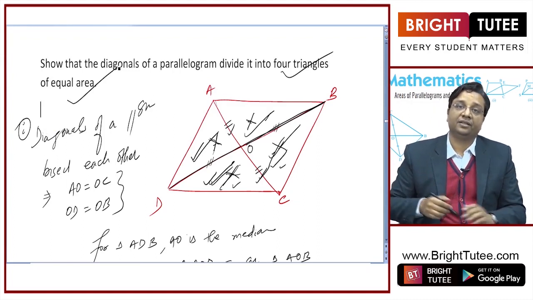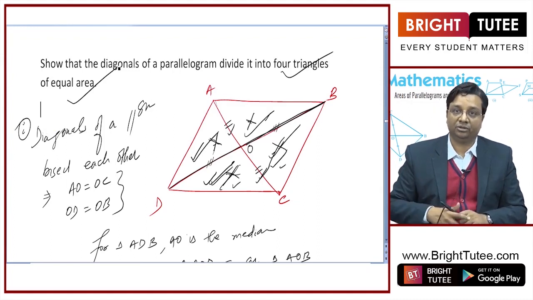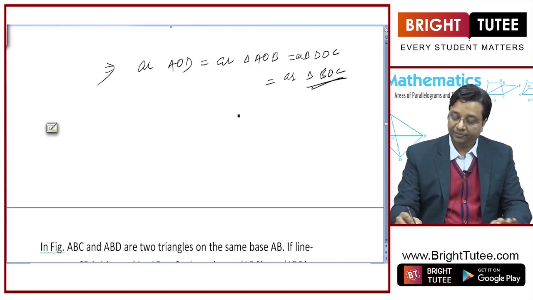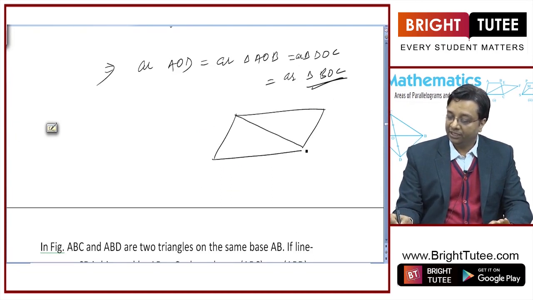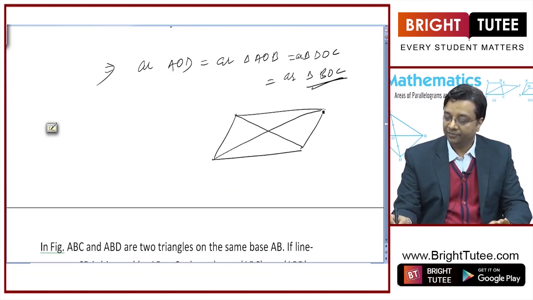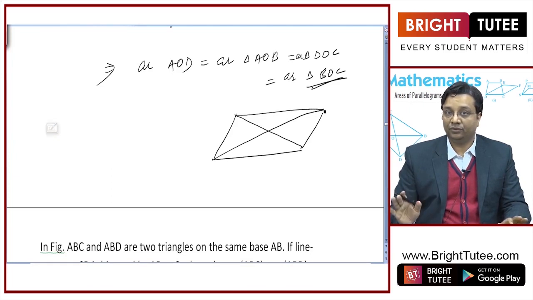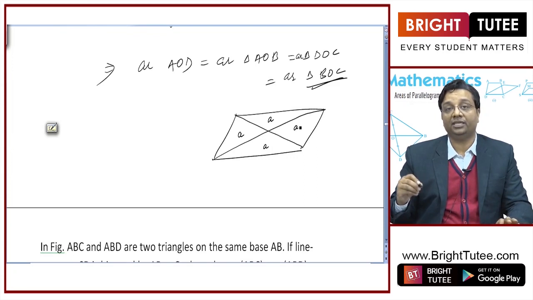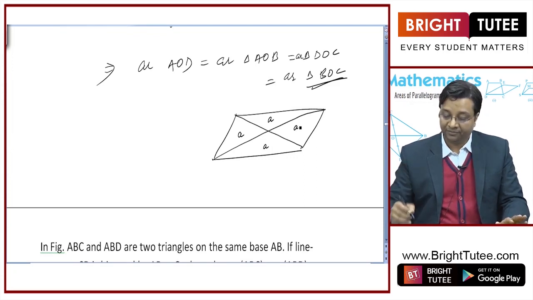This is not a question, this is a concept that you should always understand: whenever you see a parallelogram, keep in mind that its diagonals will divide it into 4 triangles, and let us say one of these triangles has area A. So, this area will also be A, this area will also be A, this area will also be A. This is what you need to understand.